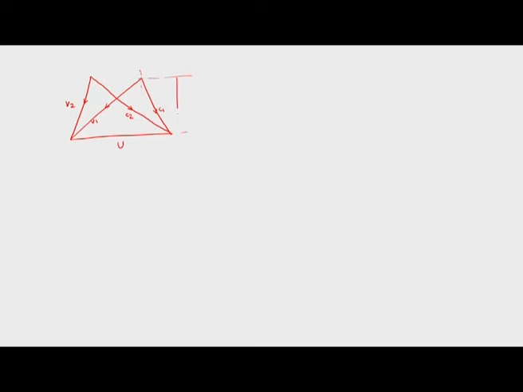This is CA, and then we have this as alpha 1, this as beta 1, and corresponding to this we have beta 2, and this has alpha 2.